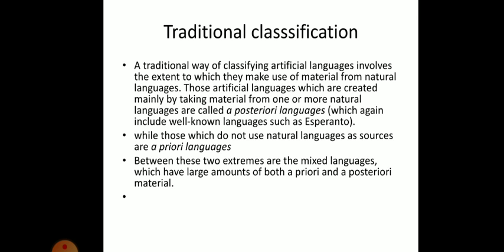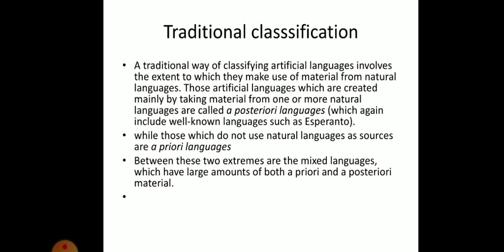As far as the traditional classification of artificial languages is concerned, artificial languages have been classified in two specific ways. The first category belongs to those artificial languages which are created mainly by taking material from one or more natural source languages.